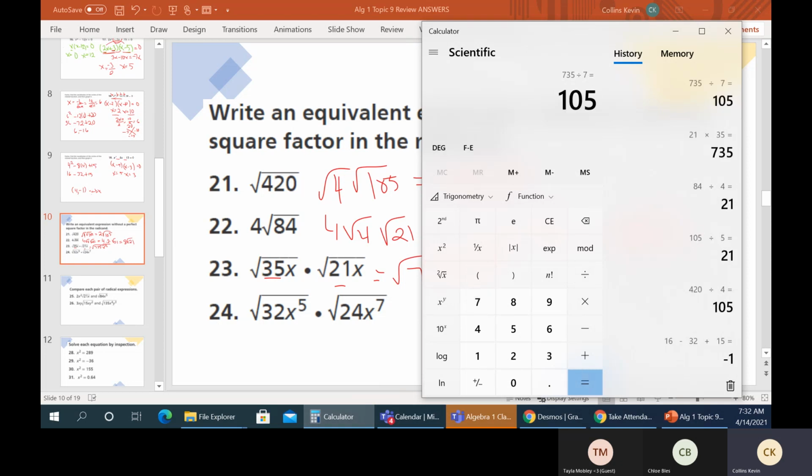There's that 105 again, right? Now, can we divide by 7 again? Is the question. Let's try it. Divide by 7. Yeah. All right, so what that means is, check this out. If we do 49 times 15, we get our 735 back.